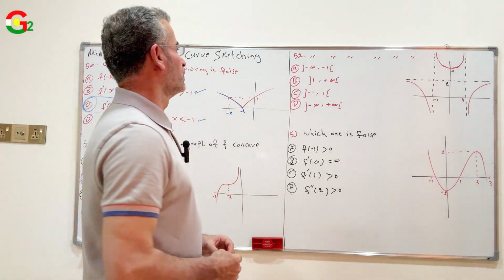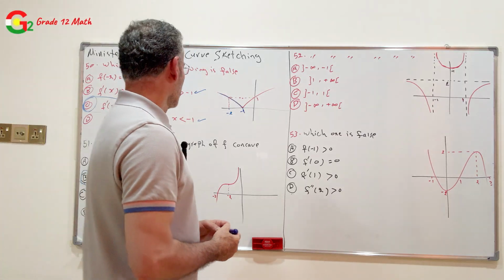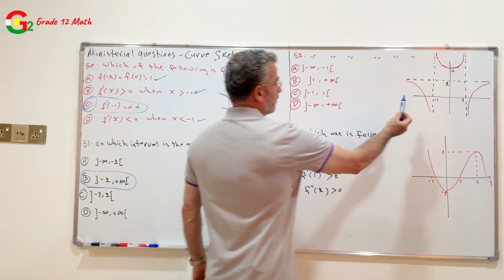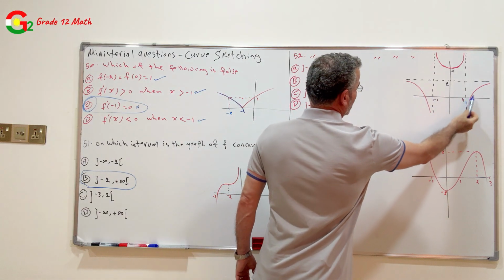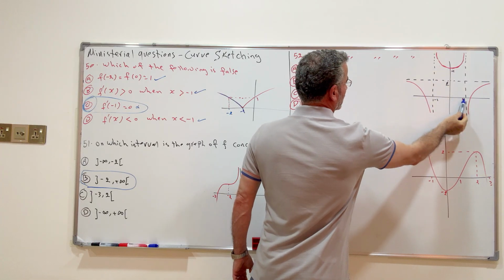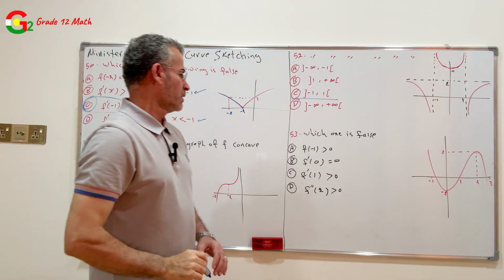Question number 52. On which interval is the graph of the function concave? The graph of the function is convex from negative infinity to negative 1, union 1 to positive infinity, and concave from negative 1 to 1. Therefore, the right choice is C.